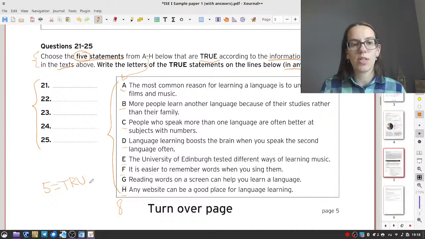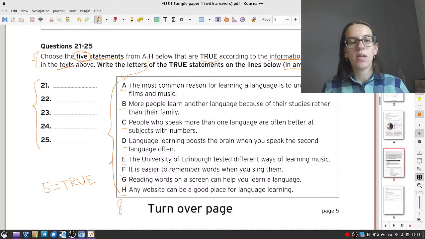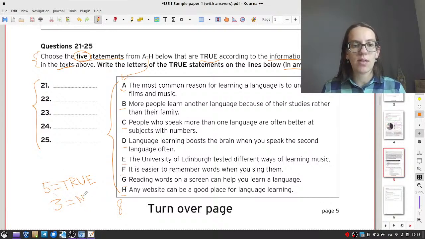Very similar to what we did last time, but maybe someone hasn't seen the previous stream yet. So what about, well, 8 minus 5, there are 3 others. So the other 3 are what? So if 5 are true, it means that there are 3 that are not true.